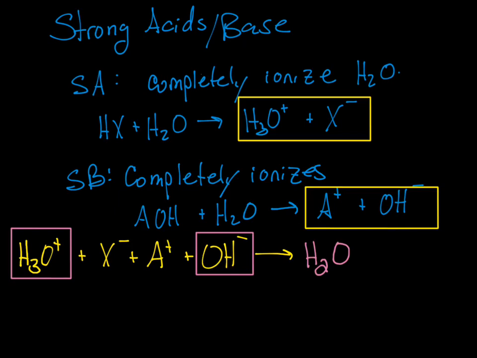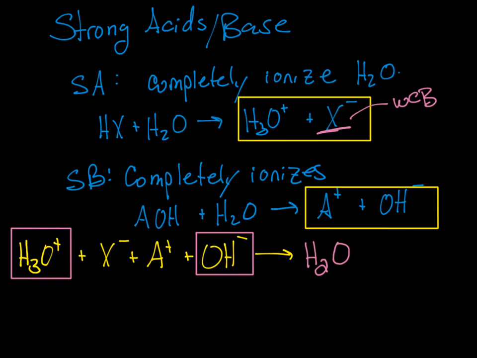And then what about the anion and the cation? What's going to happen there? Well, recall that the conjugate base of a strong acid is going to be weak, so this is a weak conjugate base, which means it's really not going to do too much.